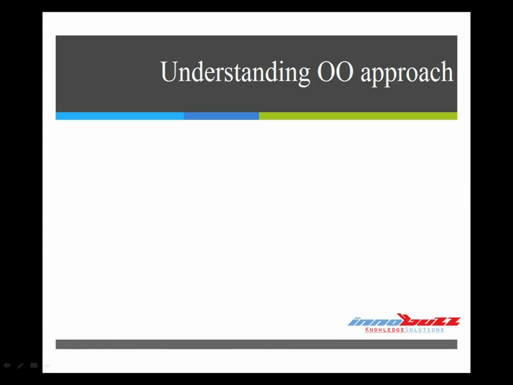Understanding the OO approach. To understand the object-oriented paradigm, we have to start with understanding the idea of the concept. These programming languages allow us a very high level of abstraction.